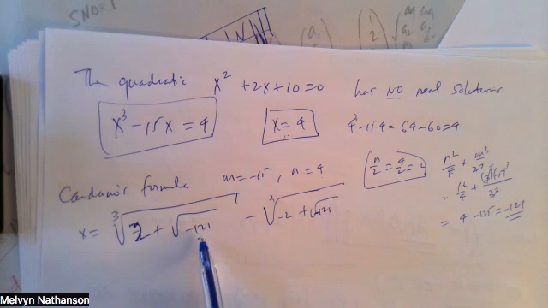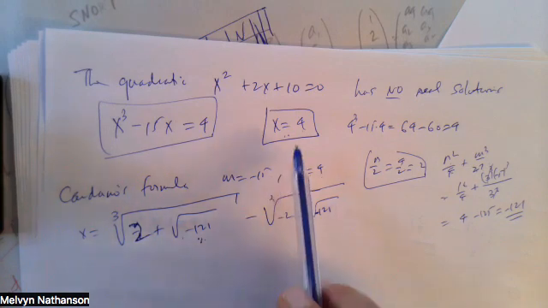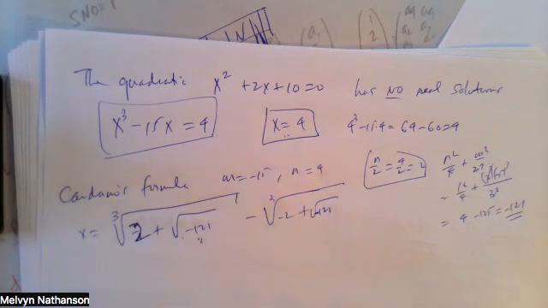They're complex numbers. But we cannot say that it follows that the equation has no real solutions, because we know the equation has a real solution, that x equals 4 is a solution. So somehow this complex number minus this complex number equals 4.